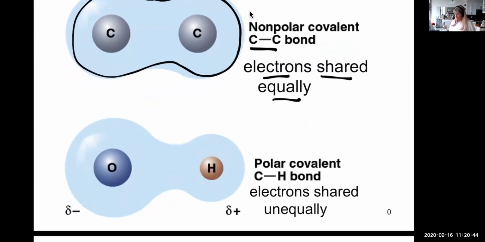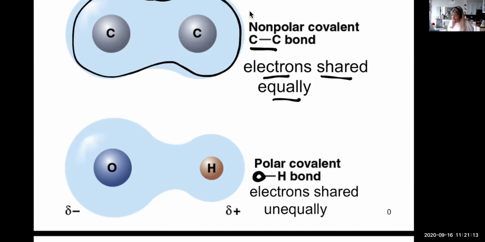But a polar covalent bond, in this case oxygen and hydrogen, it's polar because the electrons aren't shared equally. Indeed, oxygen is very greedy. Of course, that's not the proper term. Oxygen is very electronegative. An electronegative atom pulls electrons towards itself.